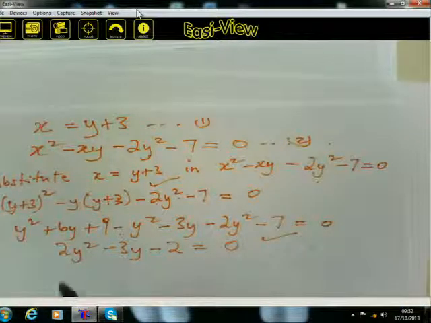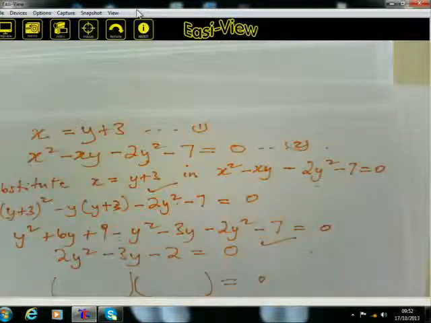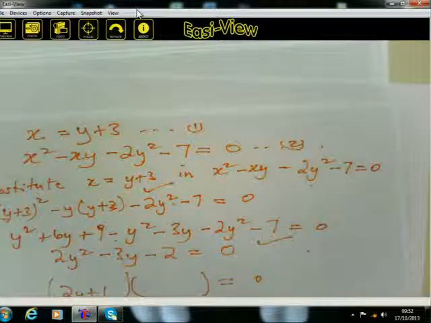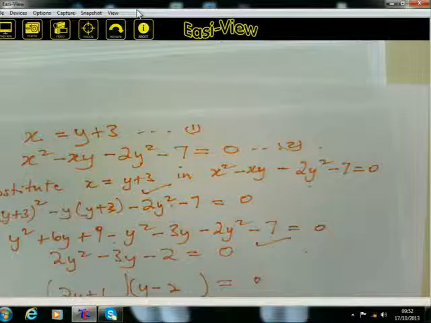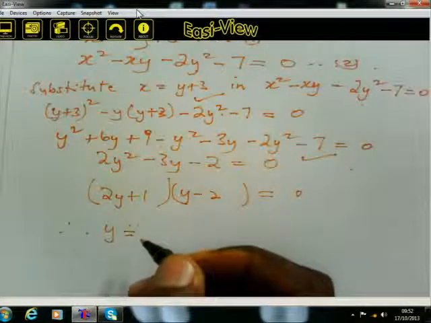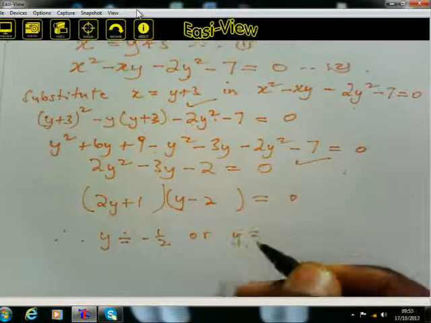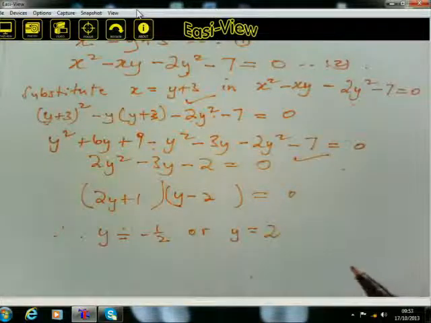And then if you factorize this, let me start first with the factors. They will be (2y plus 1)(y minus 2), and the answer is equal to 0. Therefore, y will be equal to negative half, or y is equal to 2. Those are the values of y.